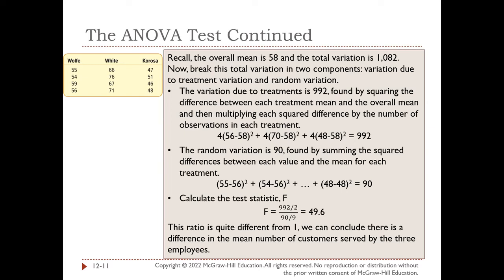Okay, the random variation is 90, found by summing the square of differences between each value and the mean for each treatment. So this is the one where we take 55 minus 56 squared, plus 54 minus 56 squared, all the way for theirs, and then at the bottom, once we get to Carosa's, since her mean is 48, 48 minus 48 squared is going to be 0, but that's how they're doing it.